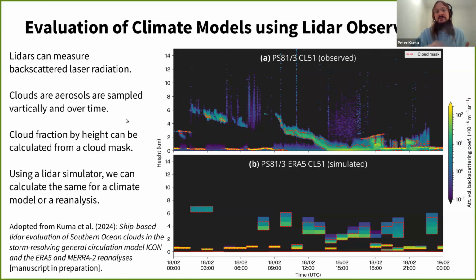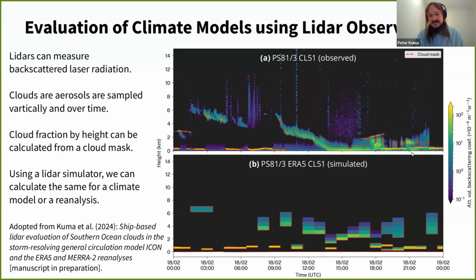And then what we can do is run a virtual instrument inside a climate model. So we can calculate what an instrument would see inside a model. So this is one specific model called ERA5, which is actually a reanalysis. It's not a climate model as such, but it's based on a weather model, but it's also global and includes clouds.